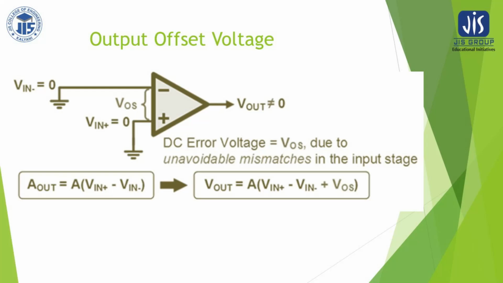Now let us see the inverting amplifier circuit in which the input voltage has been removed and we have grounded this one. Even if the input voltage is removed, though the biasing voltages exist, the currents IB minus and IB plus are still flowing into the op-amp. So this is the reason we need to consider some amount of voltage appearing at the output in the absence of an applied input.